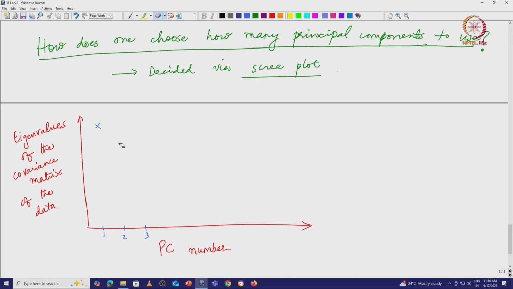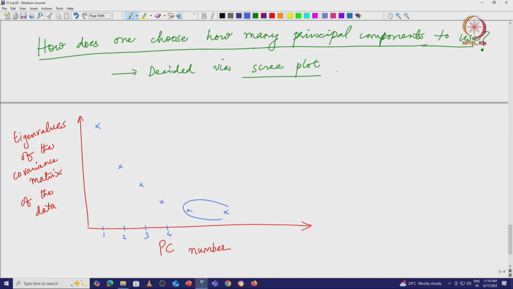So, let us try to make this a bit more clear. There is a lot of reduction, then there is more reduction, and so on and so forth. If you keep on plotting, let us say it falls like this. Now, what you can do is try to find out where the drop in the eigenvalues levels off, right.